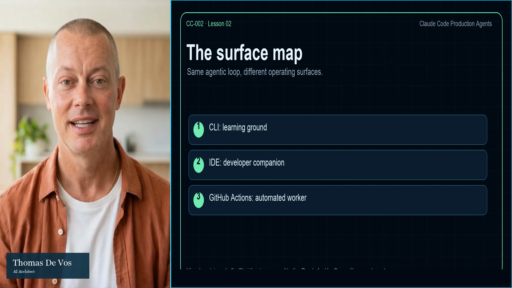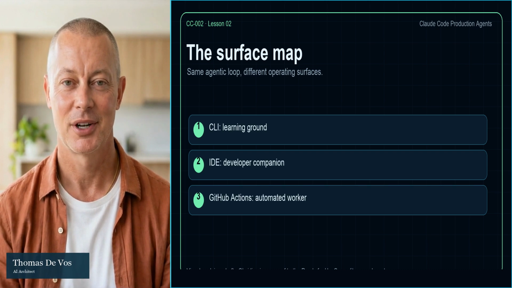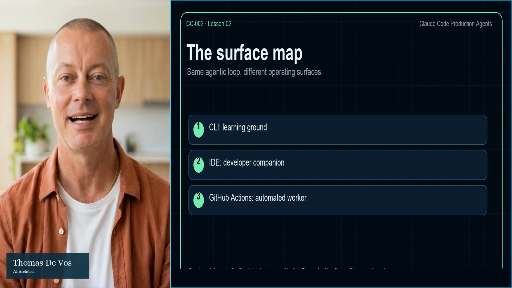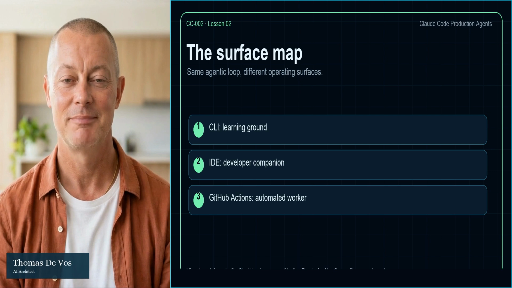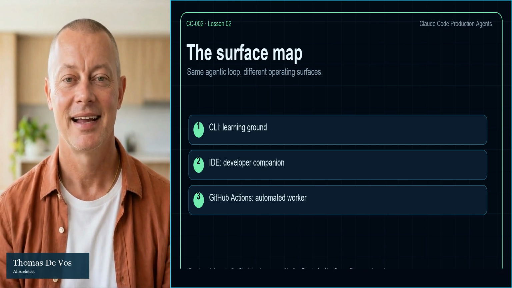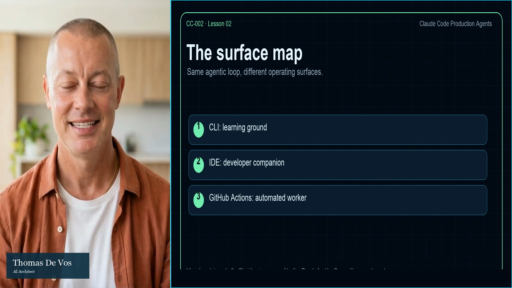The pain point is that many people talk about Claude Code as if it were just a smarter coding assistant inside an IDE. That is too small. Claude Code is better understood as a set of operating surfaces for the same agentic primitive stack: CLI, IDE, GitHub Actions, Slack, SDK, and the integrations around them.